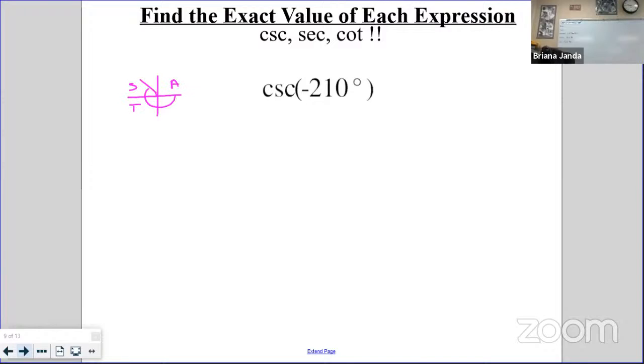Which means our answer is positive, right? Cosecant is a reciprocal of sine. Sine is positive in quadrant 2, which means cosecant is positive in quadrant 2. What's our reference angle? 30 degrees. Very good. Okay. Consult your method.